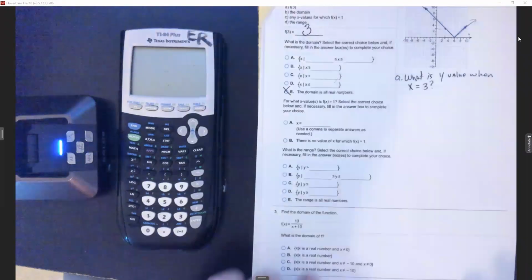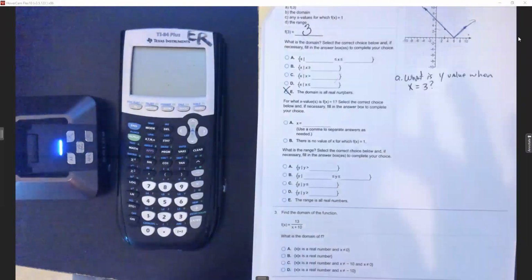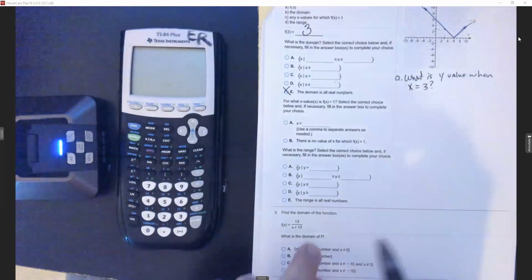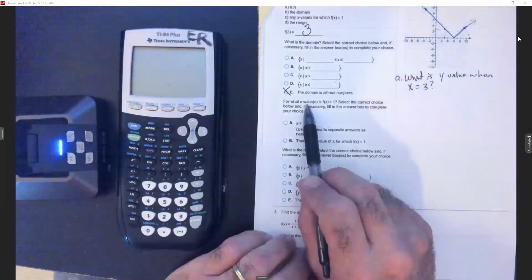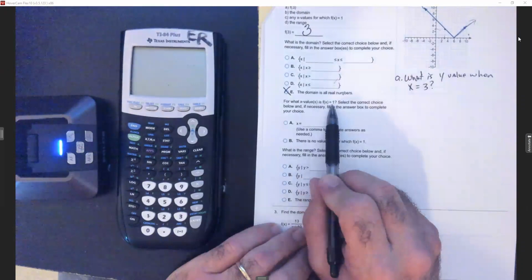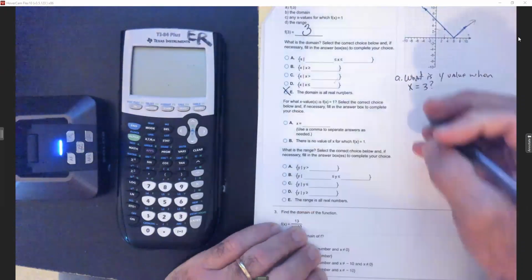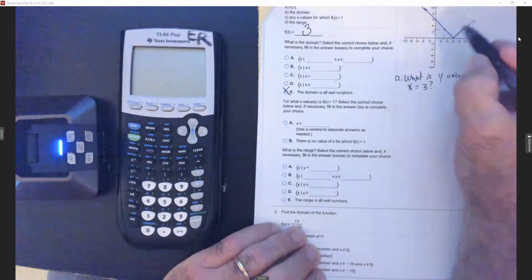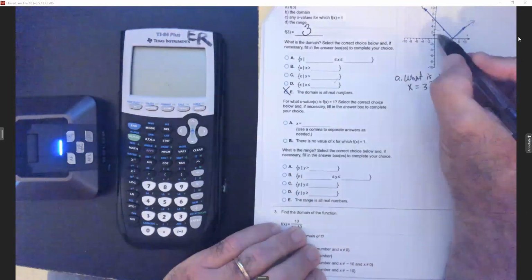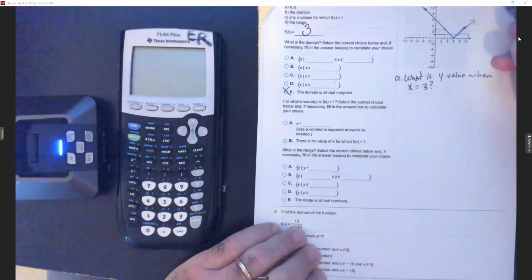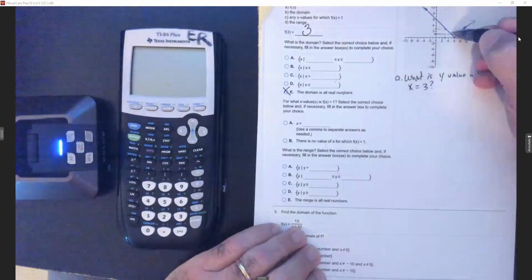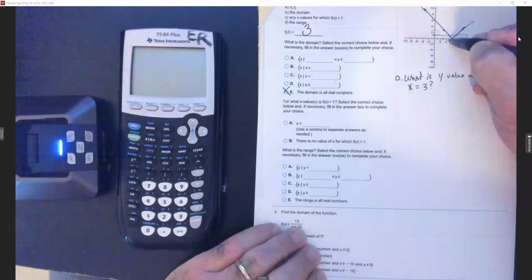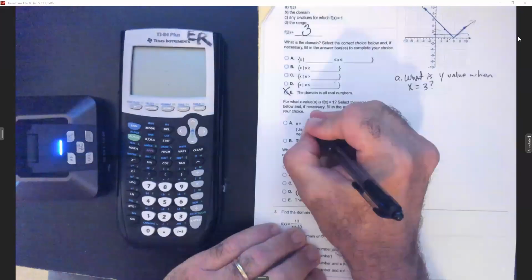Now, this next one is sort of like you asked me about on that last question. For what x values is f of x equals 1? So come up here, find 1 on the y-axis, and go across and tell me what these two x values are. So this one intersects the line at 5, so it would be a 5.